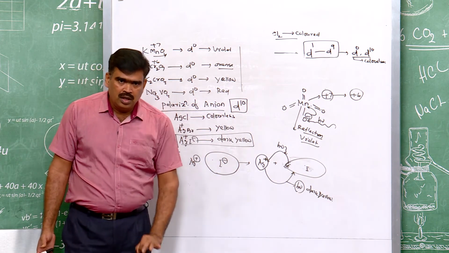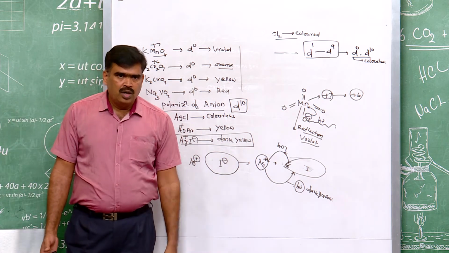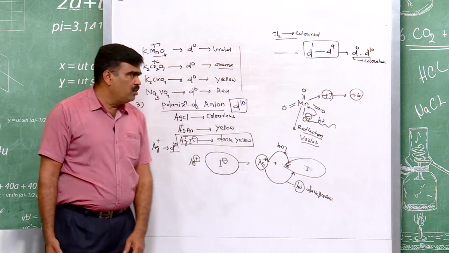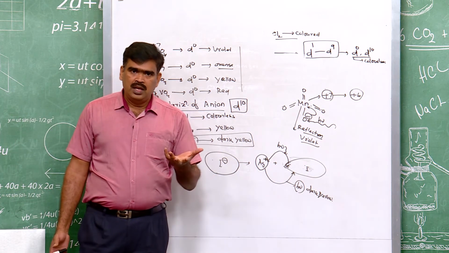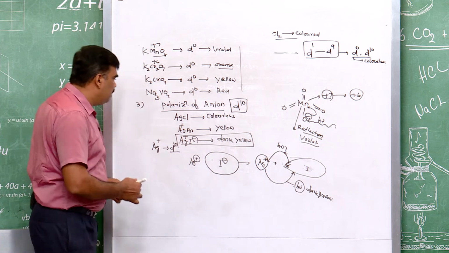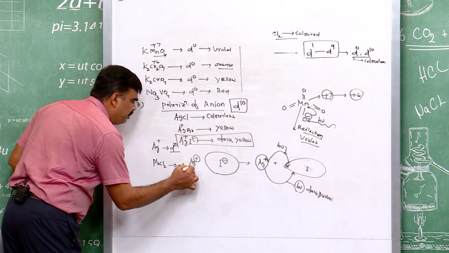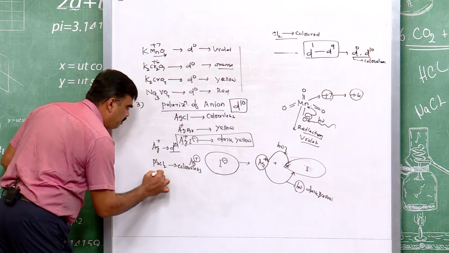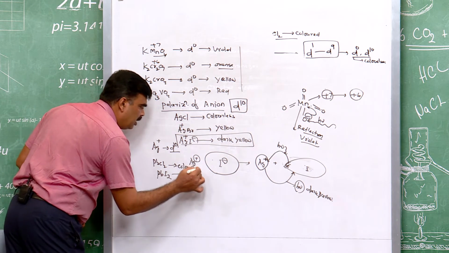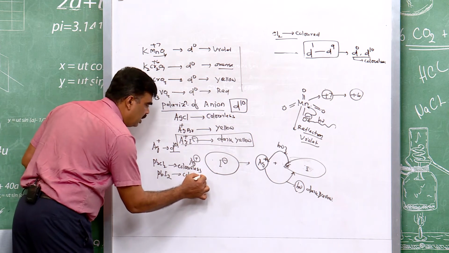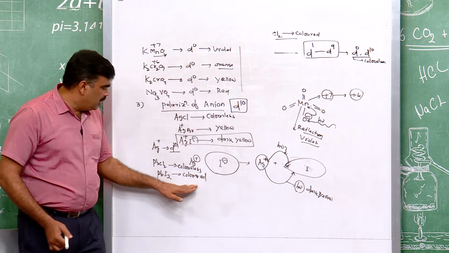Number one, d-d transition. Where d-d transition is not possible, maybe charge transfer phenomenon. Where charge transfer is not possible, if it has d10 configuration, there may be polarization of anion. Similarly, PbCl2 is colorless, but PbI2 is colored. Perhaps all of you have understood this very well.